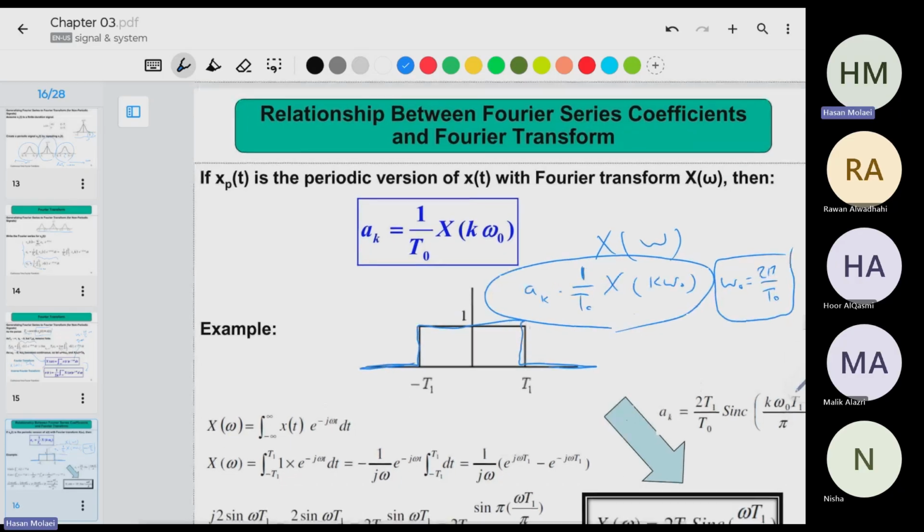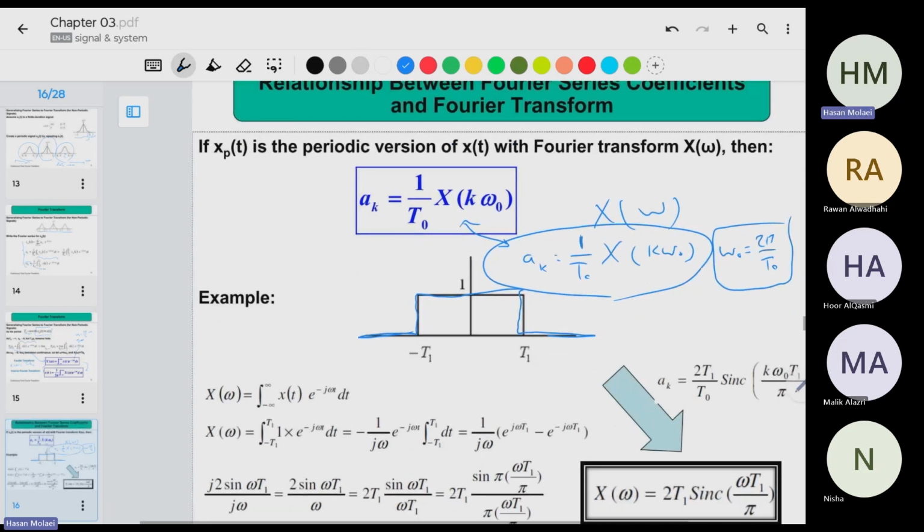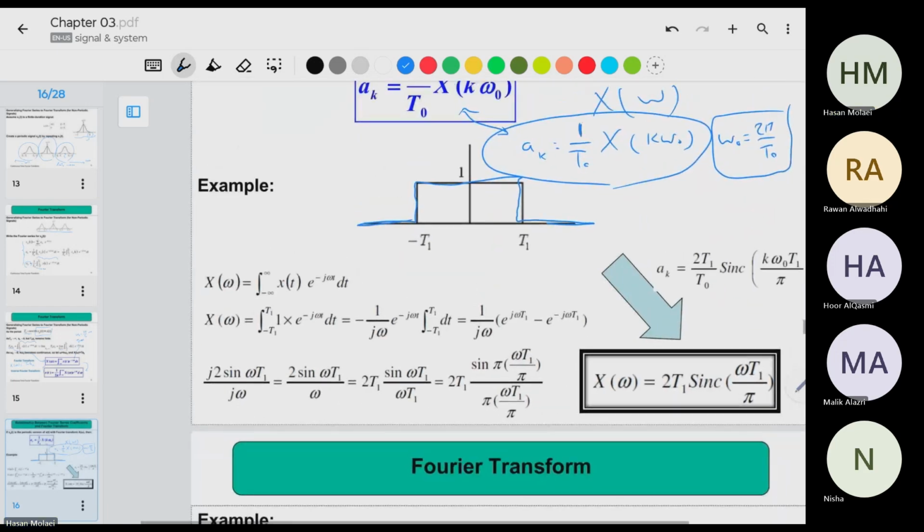So it's easier to find the Fourier transform rather than the Fourier series. We can easily find the Fourier transform and apply this formula to find the coefficients of the Fourier series.